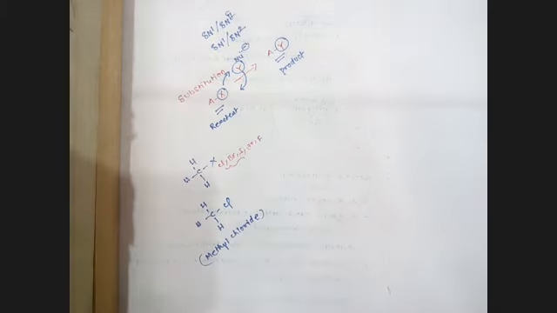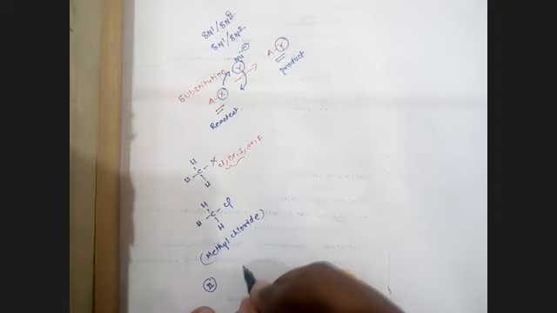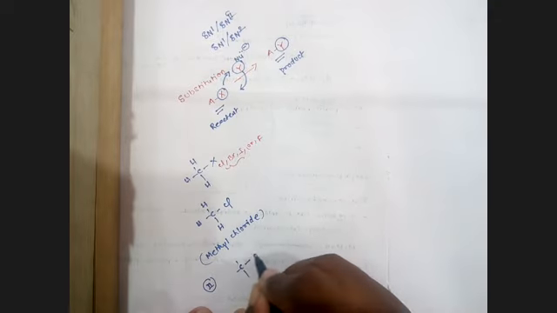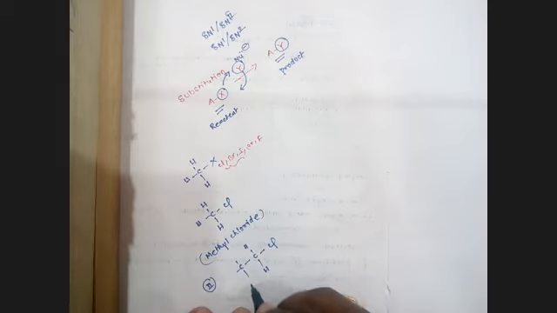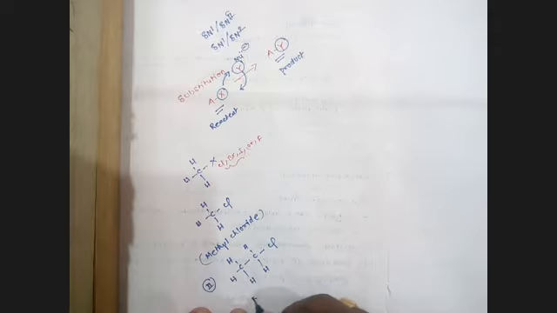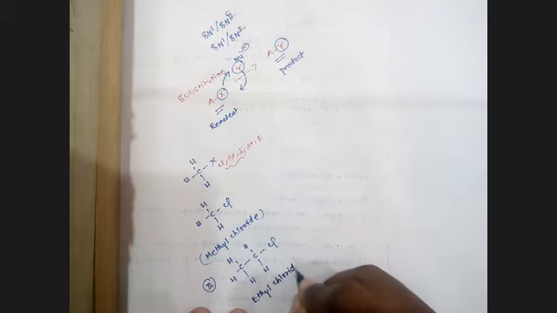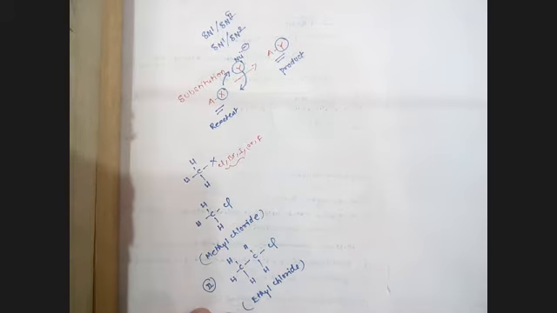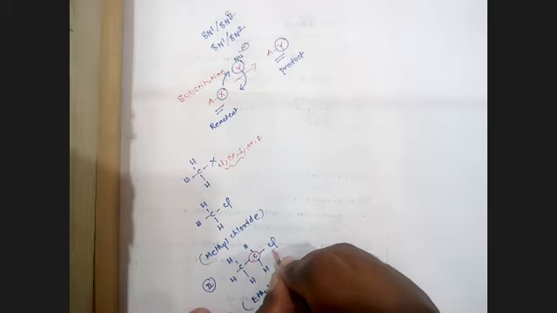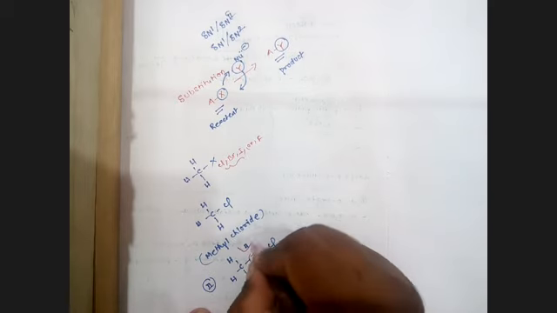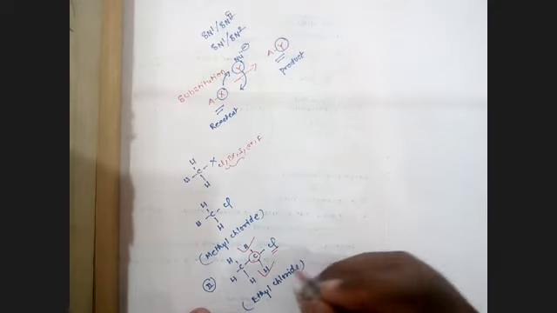The second example is CH3CH2Cl, which is known as ethyl chloride. Consider the carbon containing the halogen, which bears one hydrogen, or two hydrogens.